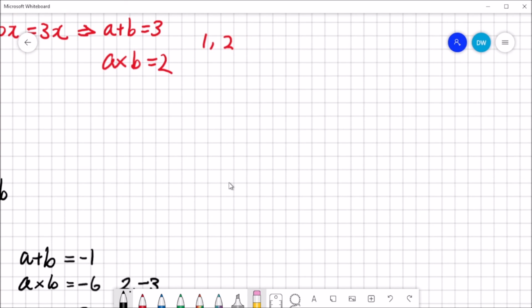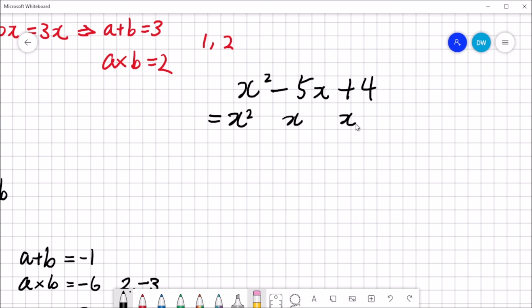Okay, let's look at this one. So x squared minus 5x plus 4. Okay, so basically we want to separate it. So we want to have x squared, something x, something x, plus 4, isn't it?